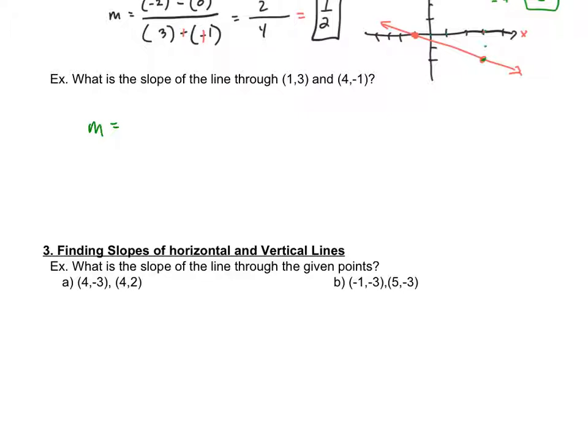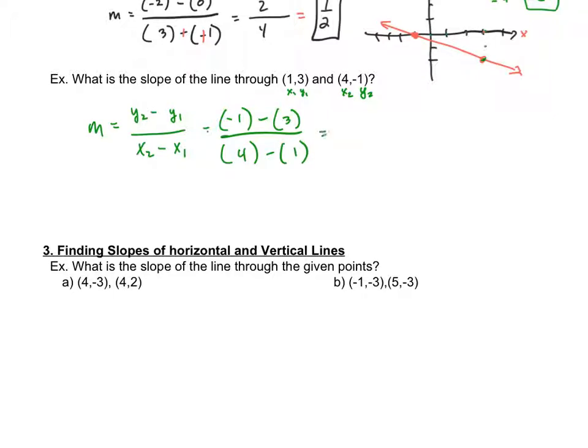So we have slope is going to be equal to, with x1, y1, x2, y2, y2 minus y1 over x2 minus x1. y2 is going to be negative 1 minus y1, which is 3, all over x2, which is 4, minus x1, which is 1, and we end up with negative 4 over 3. There you go. So we have a slope of negative 4/3.